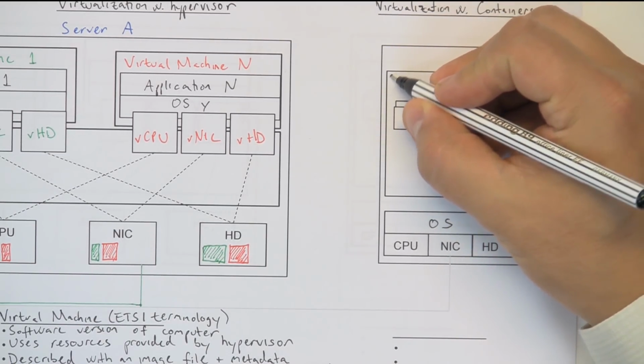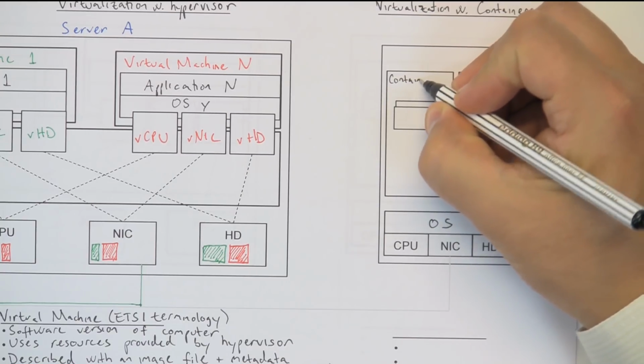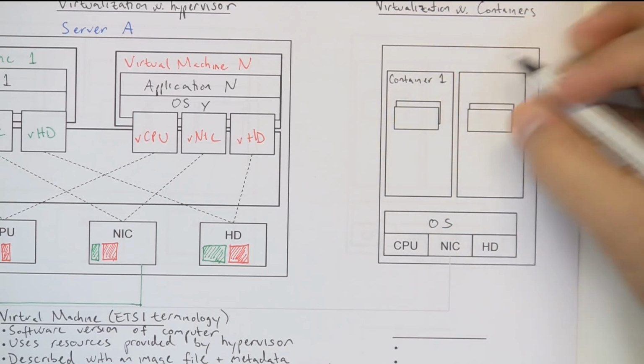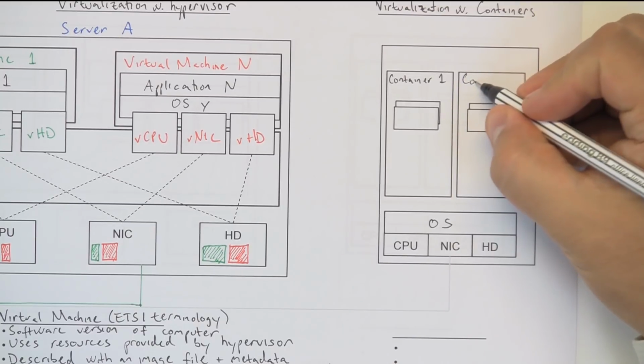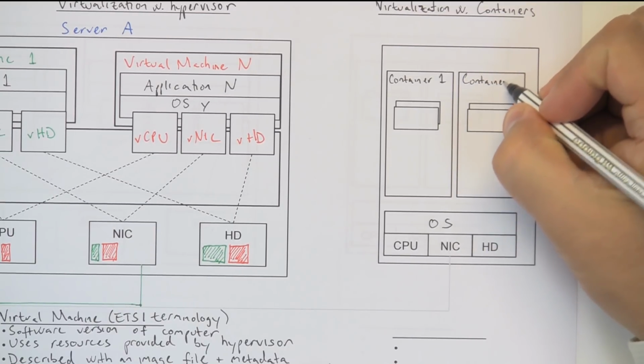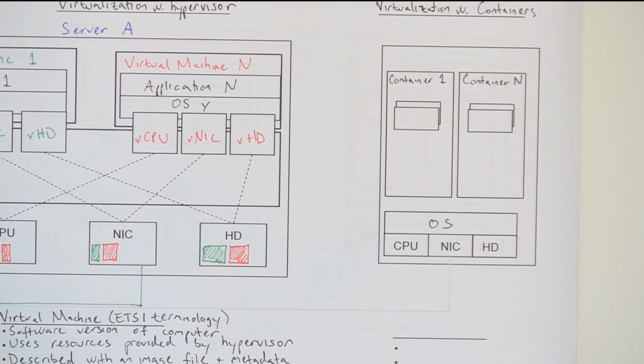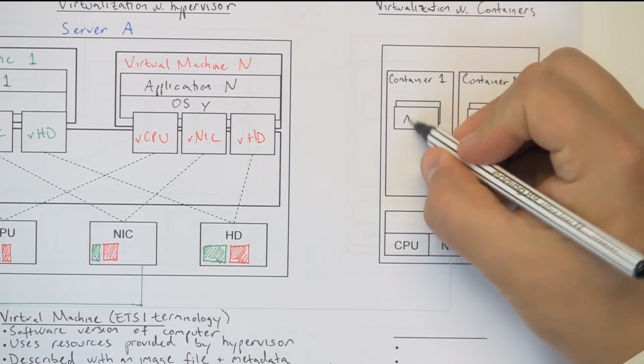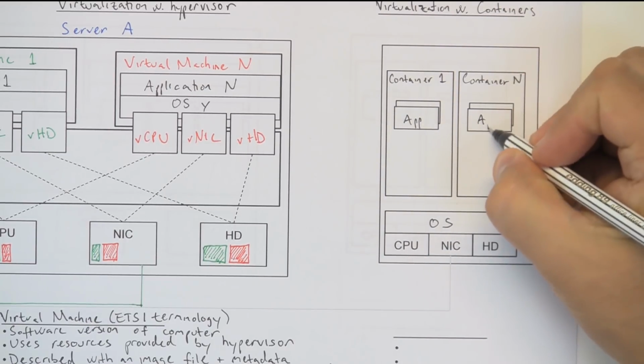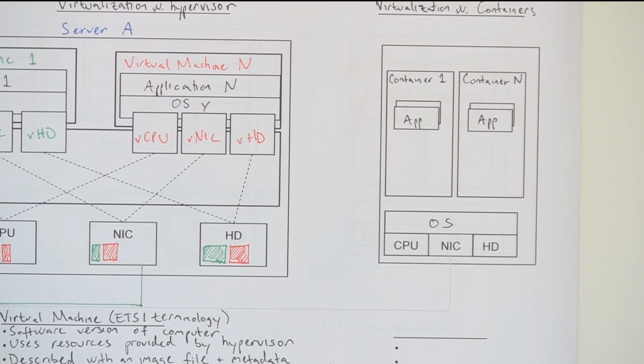So this is container 1 and this is container N. And in these containers we can run applications. So I will just put application like this.